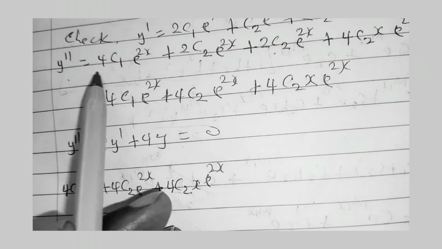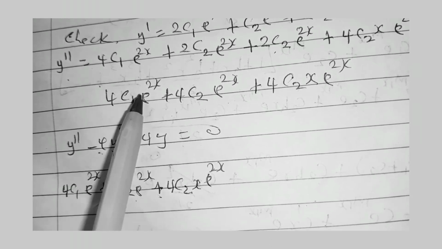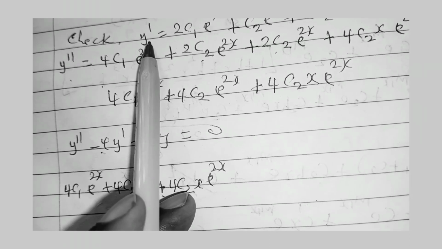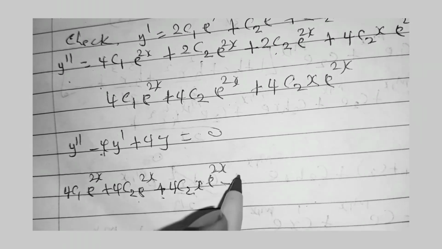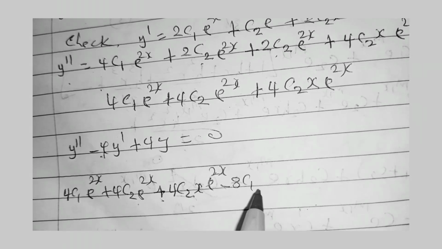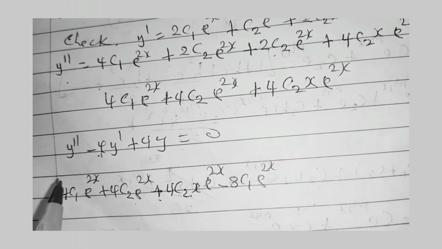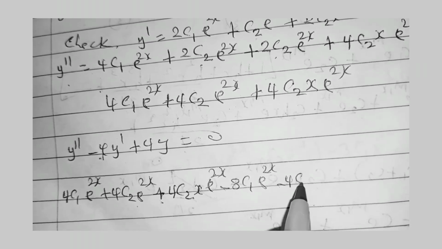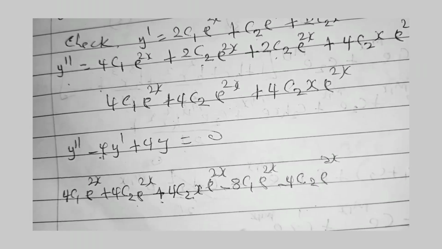The other part you multiply by negative 4, that of y single prime. So you shall have negative 4 times 2, which gives negative 8 c1 exponential 2x. Then you have negative 4 c2 exponential 2x.